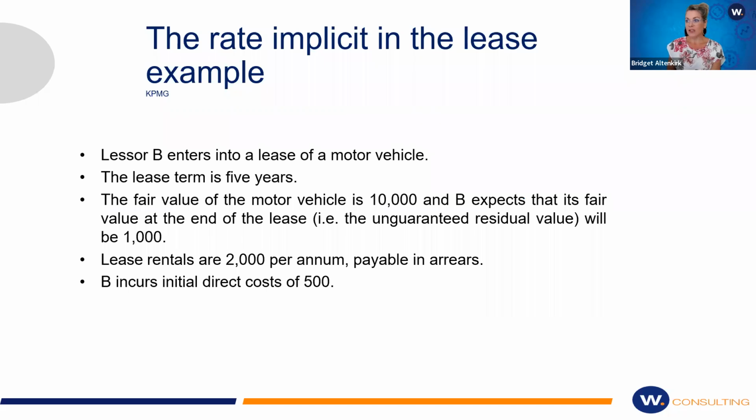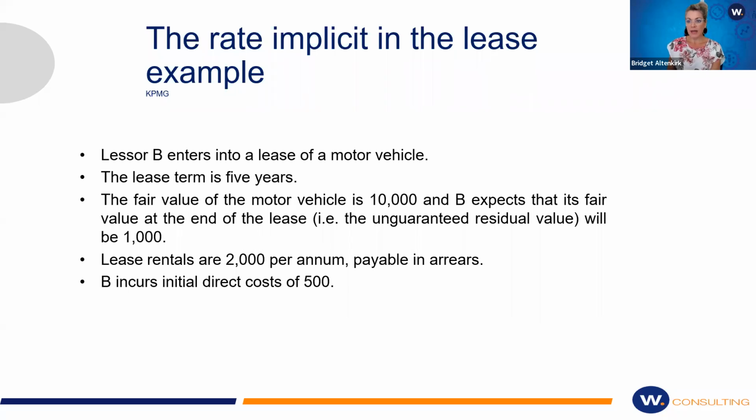This is an example of how that can be determined. Let's assume lessor B enters into a lease of a motor vehicle. It's a 5-year term. The fair value of the vehicle on day one is 10,000. B expects the residual value guarantee at the end of the term to be 1,000. Rentals are 2,000 per annum, and B incurs initial direct costs of 500.